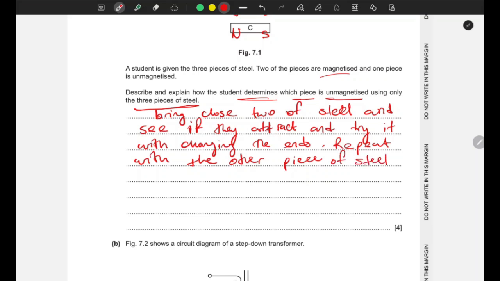And after that, how would we know which one is a magnet, which one is not a magnet? So we can say the two steels that repel are magnets.